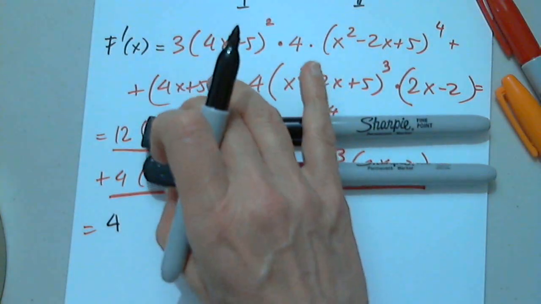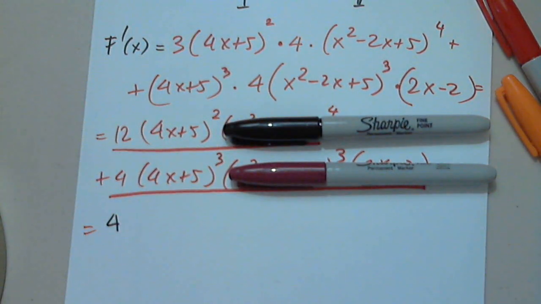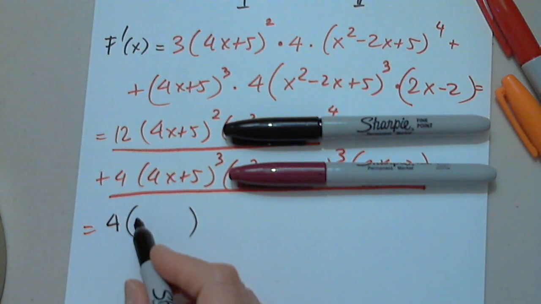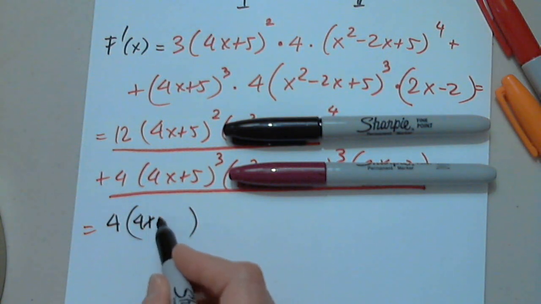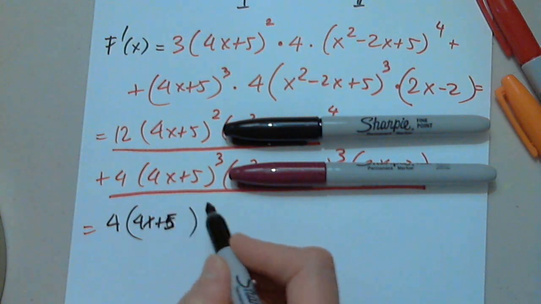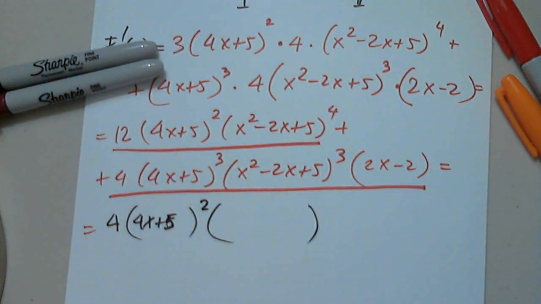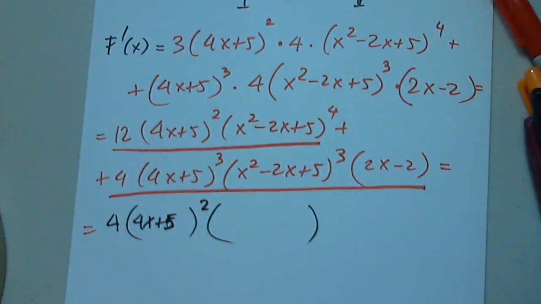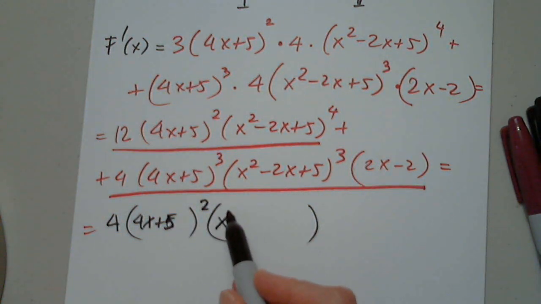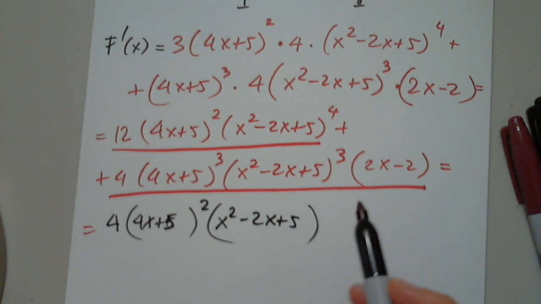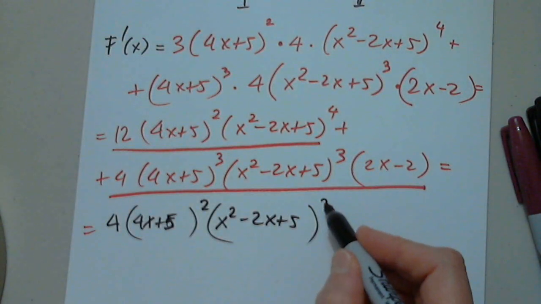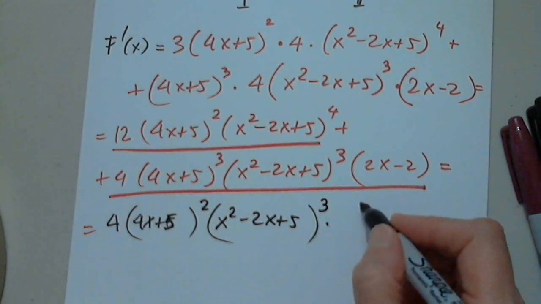Go for it. What is the second common factor? 4x plus 5 squared. Yes, to the smallest of the two. Excellent. And what is the third common factor? X squared minus 2x plus 5, to which power? Cubed. Yes, awesome.